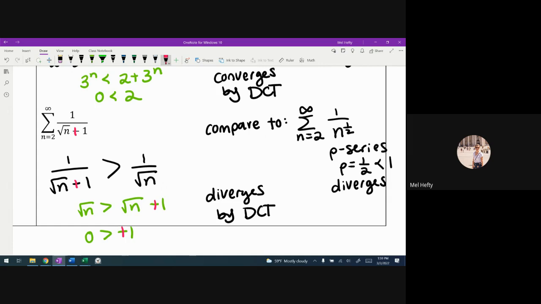So for me, usually the first test I look for is nth term, because usually there's only one that works for that. Usually most of our terms are going to be going to 0. But this is usually the second test I look for, because it only works sometimes. Most of the ones we see for direct comparison are going to be ones that are a very similar series to something that's very simple. So notice I haven't been doing anything crazy here.